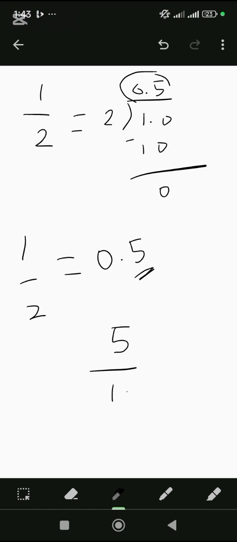It is 1. So this is 10. And we can divide this. 5 into this is 1. 5 into this is 2. So this is equal to 1 over 2. Alright, let's take another example for you to look at.